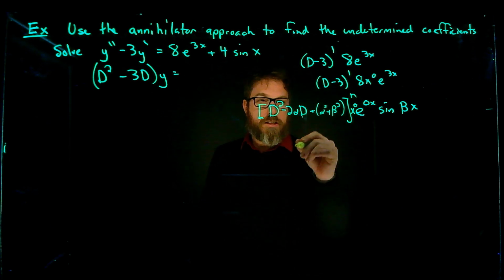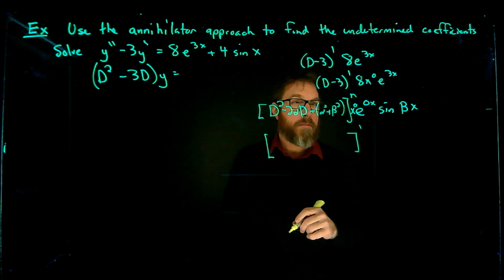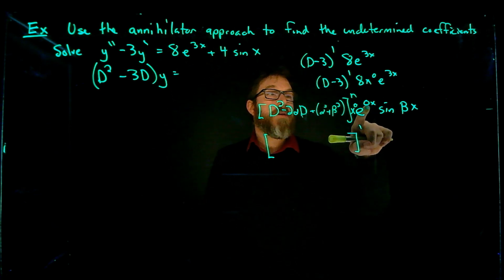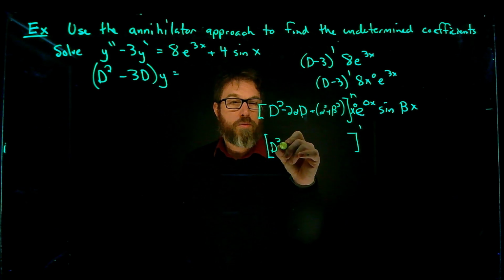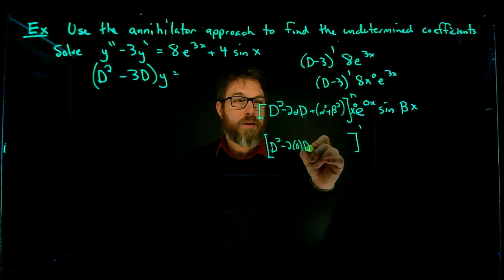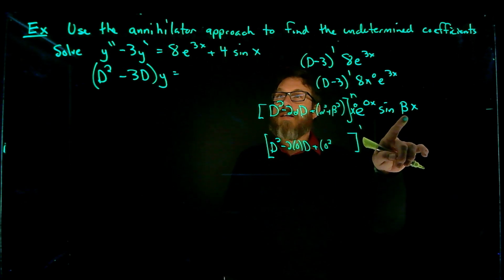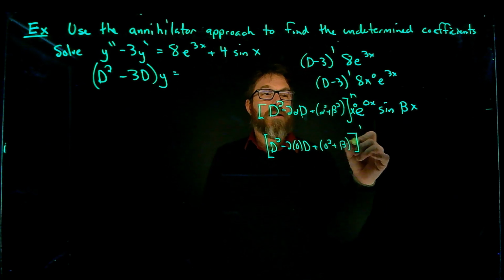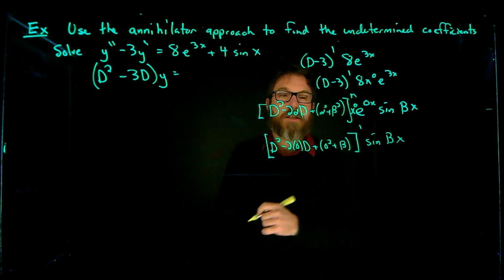Since the power of x is 0, this nth power is just going to be equal to 1. Now, your alpha is going to be the coefficient in front of the exponential power, so that means alpha is also equal to 0. So D squared minus 2 times 0D plus 0 squared. But we know beta in this case is going to be equal to 1, so this is going to be plus beta squared, for the sine of bx essentially.